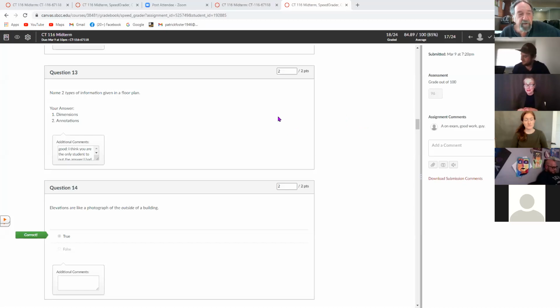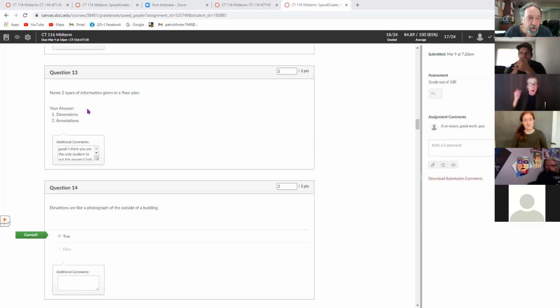Two types of information on a floor plan was supposed to remind you, I put types, and that was supposed to remind you of the three types: dimension, object, and annotation. But if it didn't, and that's just one way of looking at it, it's probably not a good question. I'll probably never use that again. But I was pretty broad. Any kind of information you put from a floor plan, I gave you credit.